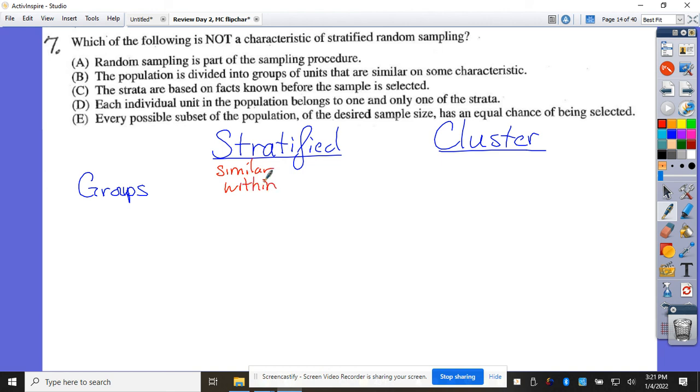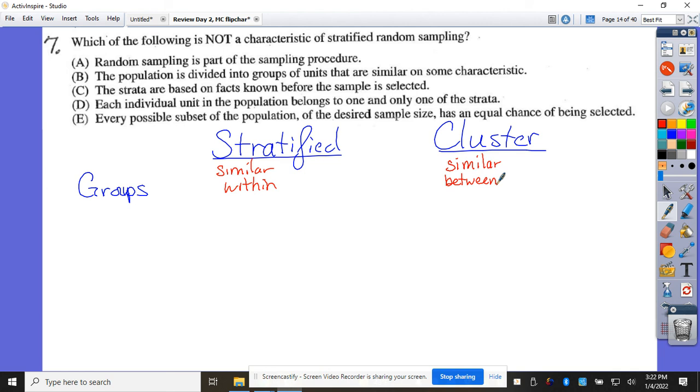I want to put all the freshmen together. I want to put all the sophomores together. I want to put all the juniors together. I want to put all the seniors together. As opposed to cluster, I do what? Representative of the entire population, which means they are similar between each group. Each group that I have would hopefully have freshmen, sophomores, juniors, and seniors in each group.